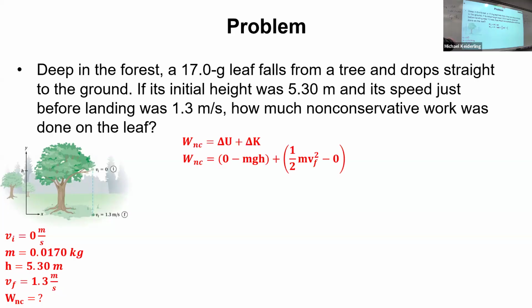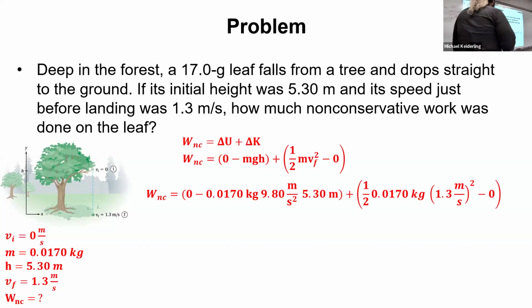You could also think of this as final energy minus initial energy, which would be 1/2 mv final squared minus mgh. 0 minus 1.7 times 9.8 meters per second squared times 5.3 meters plus 1/2 times 1.7 kilograms times 1.3 meters per second squared. We have negative 0.833 joules.